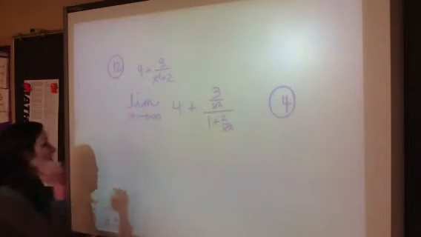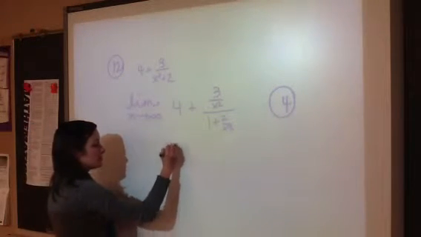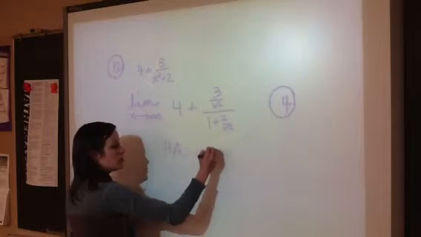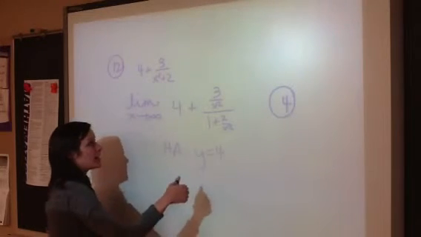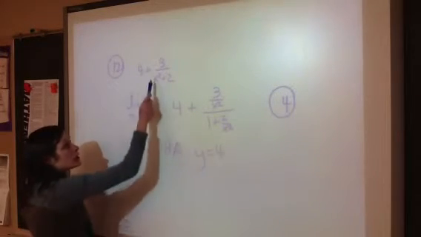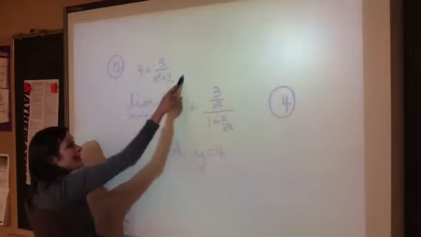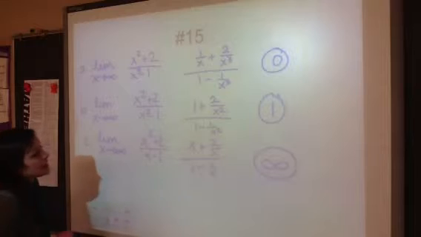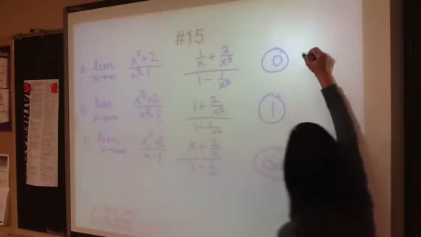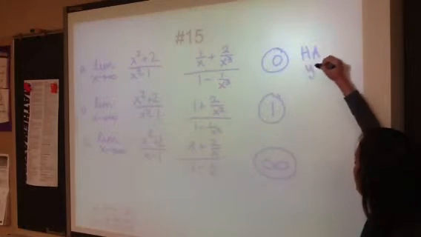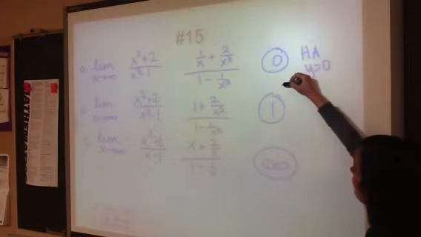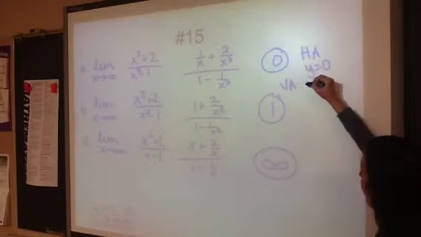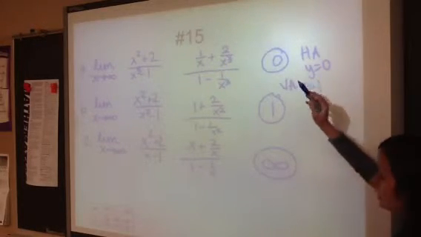All right, number 12, I would say a horizontal asymptote at y equals 4 because I would plug in negative infinity. I would not get a vertical asymptote because you can never make that 0. For 15, I would get a horizontal asymptote at y equals 0, and I would get a vertical asymptote at x equals 1.